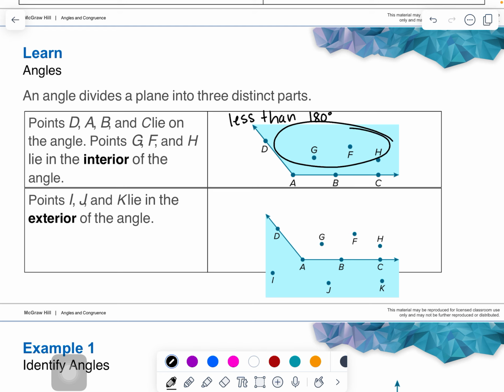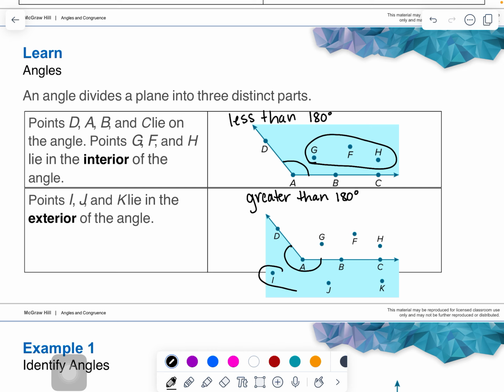So that would be here. If you were to measure this angle, it's going to be less than 180 degrees. And then the exterior would be where the angle is greater than 180 degrees. That would be out here. And in here, they show you these points are in the interior and these points are on the exterior.